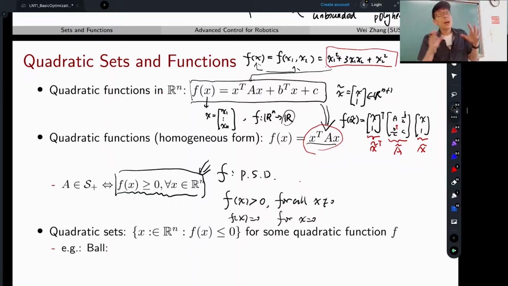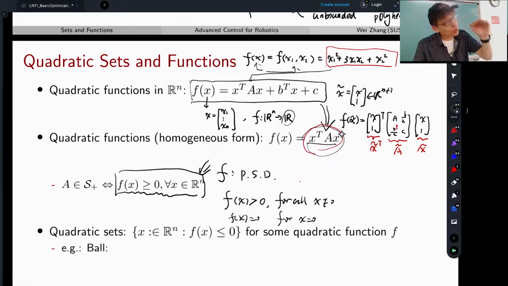And if f is a quadratic function represented by this, then because all the behavior of f(x) is completely characterized by the matrix A, we say A is positive semi-definite.